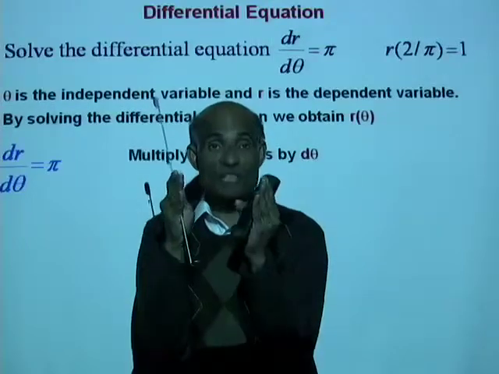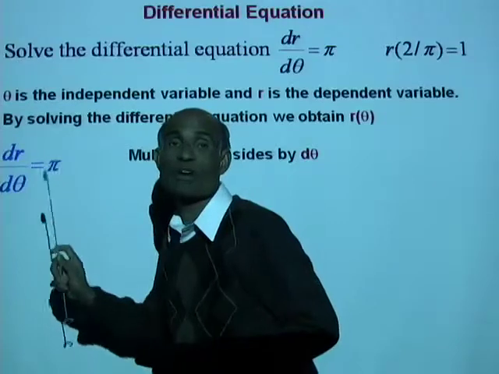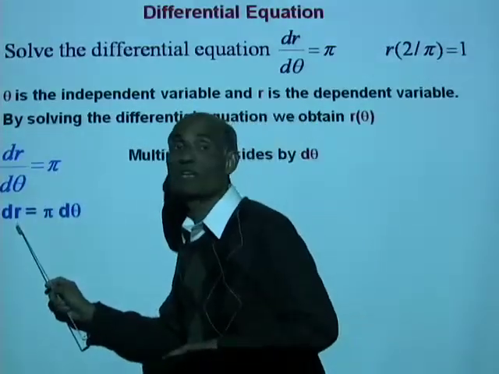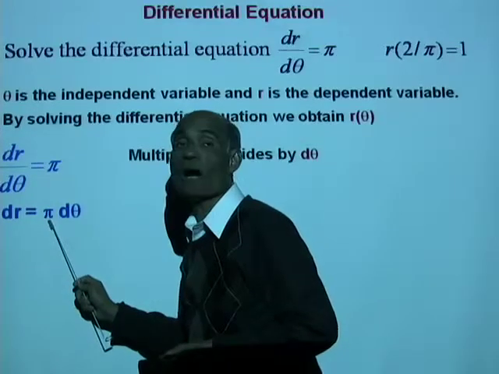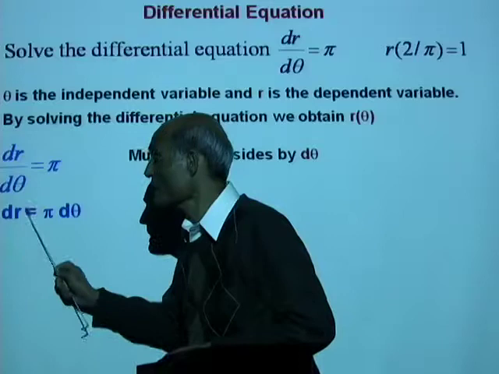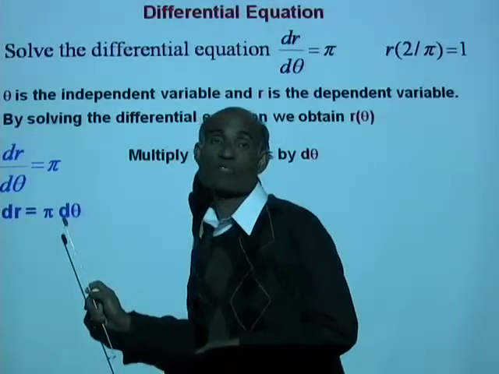That is your task. So that can be done by multiplying the left-hand side and right-hand side by d theta. Now look at that. We have dr equal to pi d theta. Now the left-hand side has dr and the right-hand side has d theta.